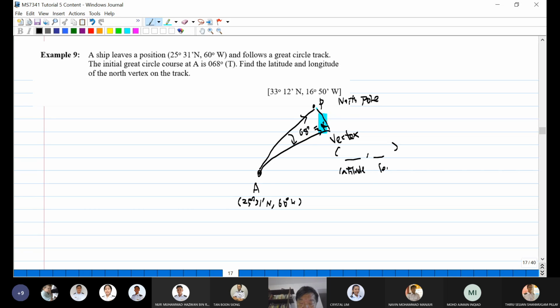This is longitude here. Okay, find the latitude and longitude of this vertex here, nearest to the North Pole, right? Nearest to the North Pole here.